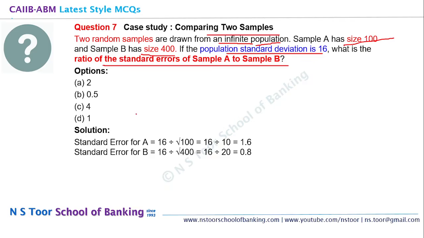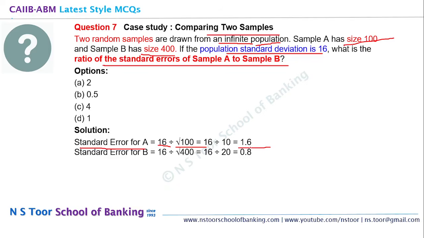Firstly we will calculate the standard error for group A or sample A. How will we calculate? 16, because what is my population standard deviation? It is 16 divided by square root of 100. So 100 is the sample size, that is n. So 16 divided by 10 is equal to 1.6, the standard error for A.